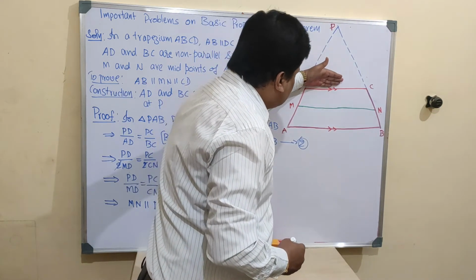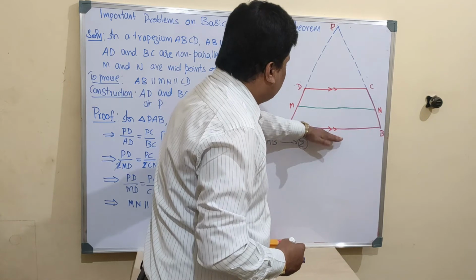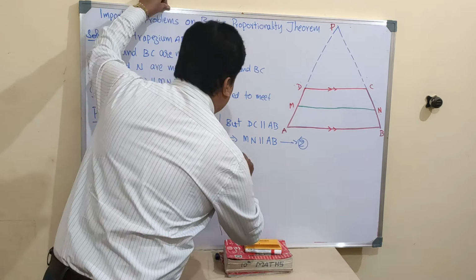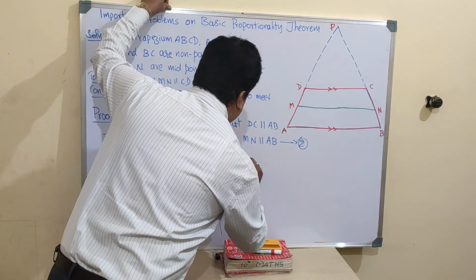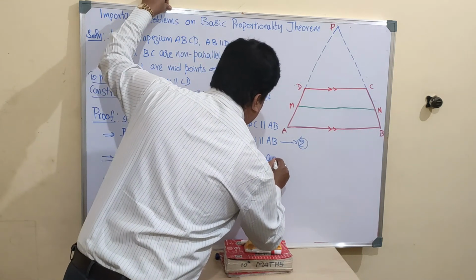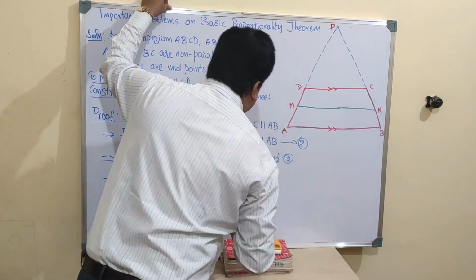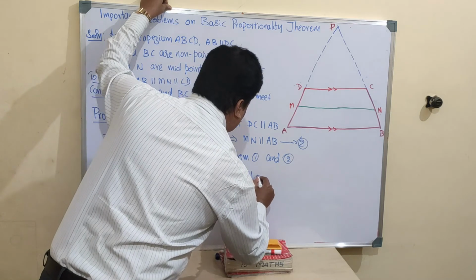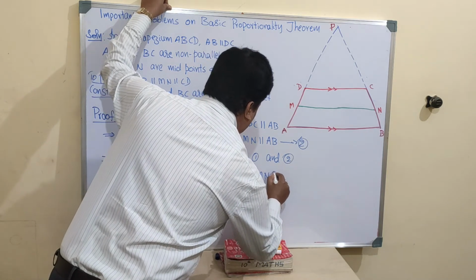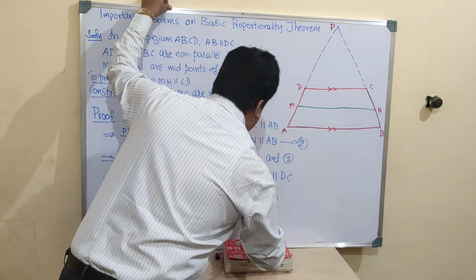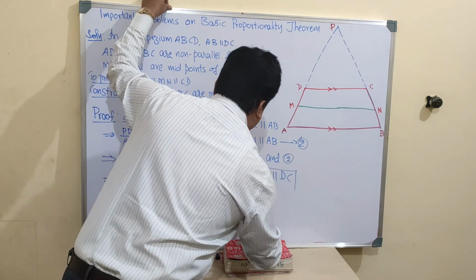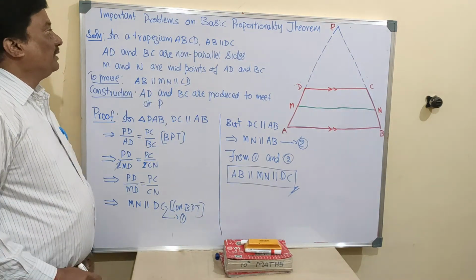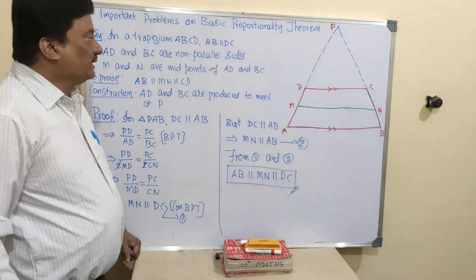But DC is parallel to AB. So that implies MN is parallel to AB. From 1 and 2, what we can write? AB is parallel to MN, that is parallel to DC. So this is the required result, which is a very important problem on basic proportionality theorem.